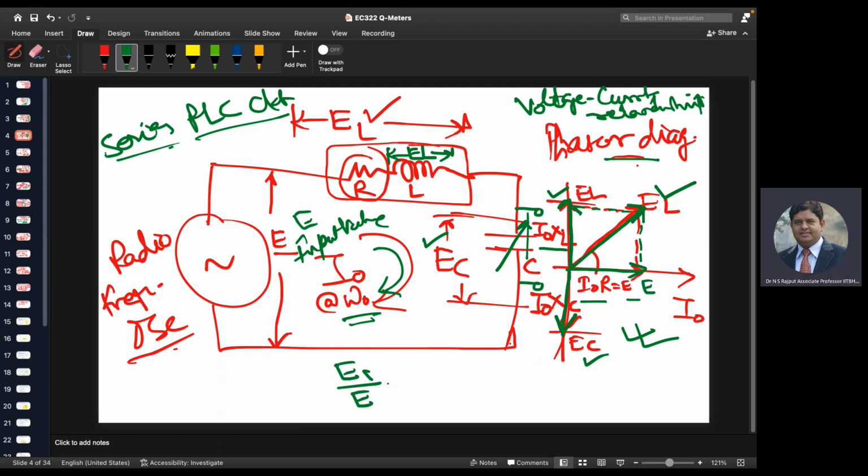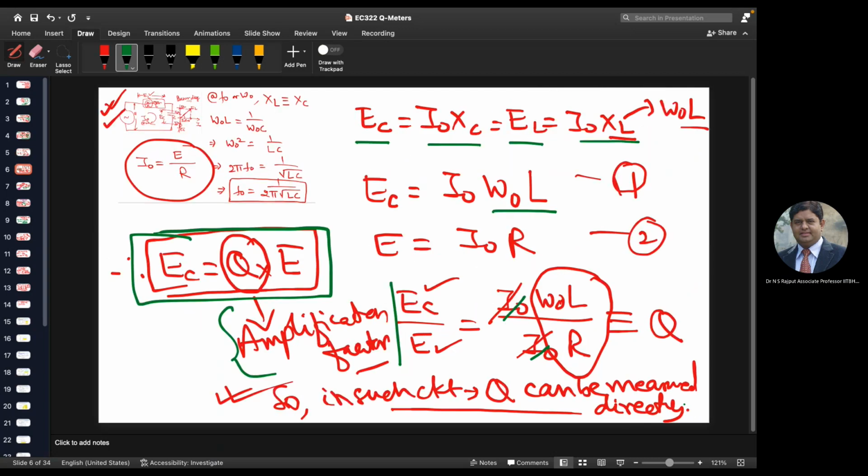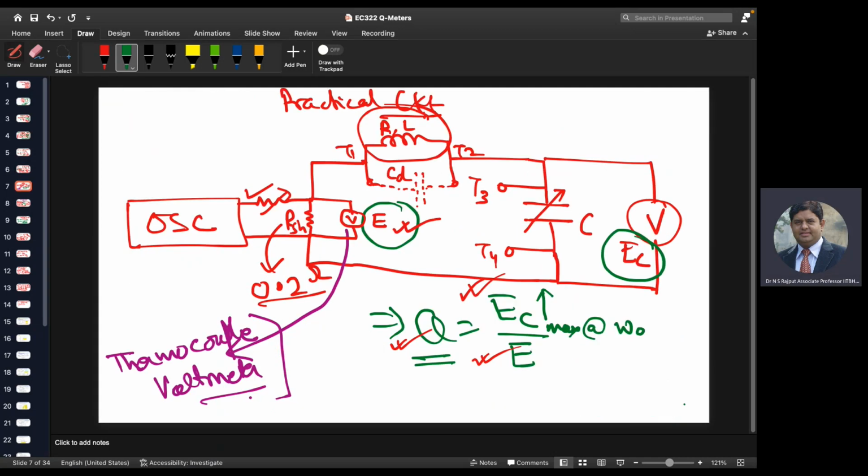EC by E is equal to Q, which means output voltage is equal to quality factor times input voltage, right? So this is what we have seen now.